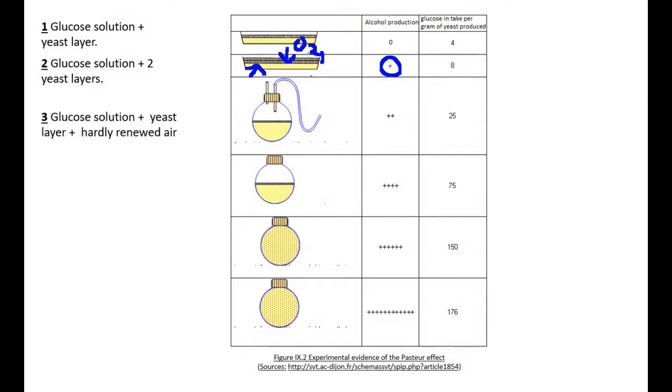Okay, next setup. You can see that Pasteur has changed container this time. In the first ones we had open containers which had direct contact with the air. In this case, the only contact is here through this incurved tube. Inside the flask or balloon we have a glucose solution and 1 layer of yeast.